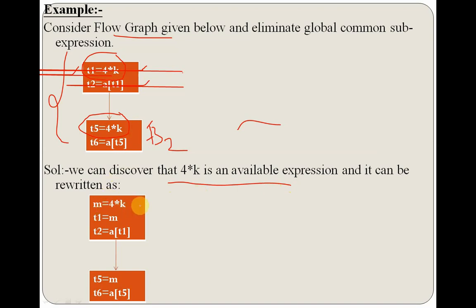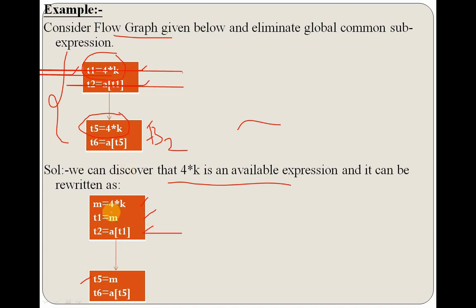The code will be like this: m = 4 * K, T1 = m, T2 = A[T1]. Here I am using an additional variable m, and wherever the expression 4 * K occurs again, next time I will use m instead of 4 * K. So in block B2, T5 = m, T6 = A[T5].